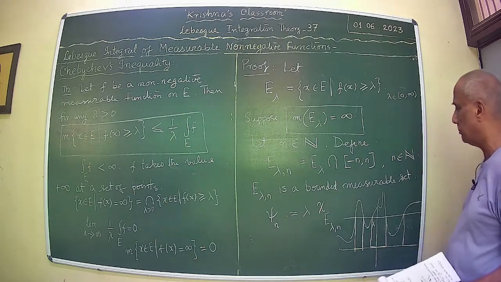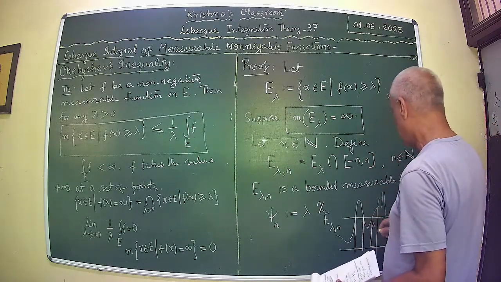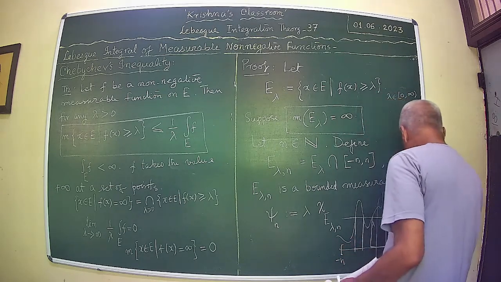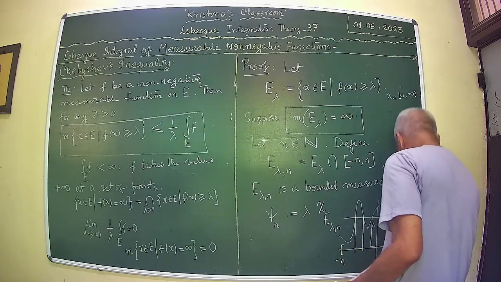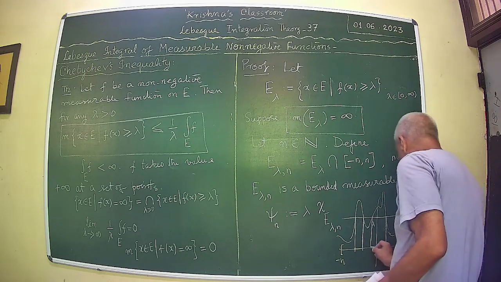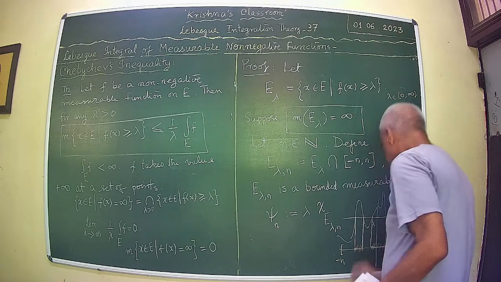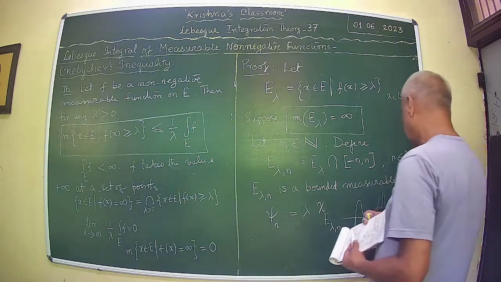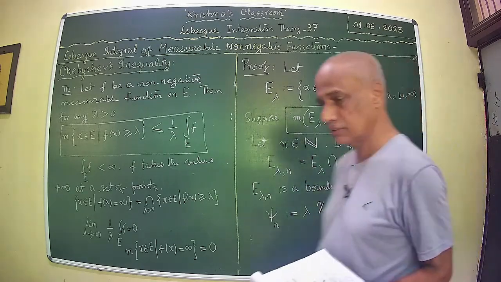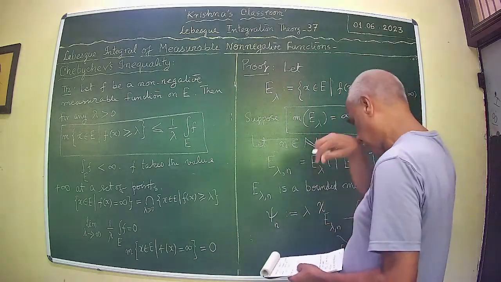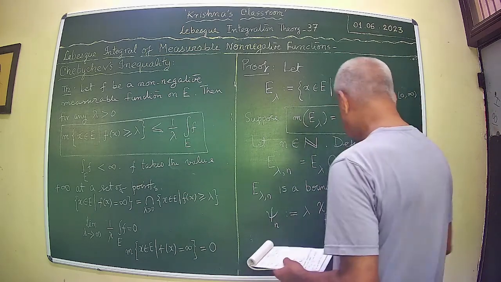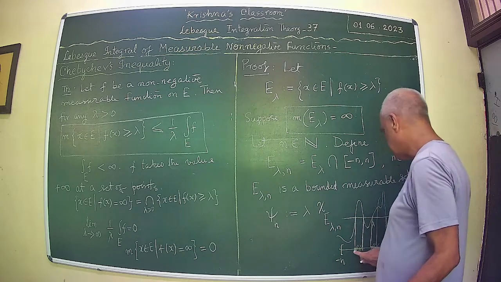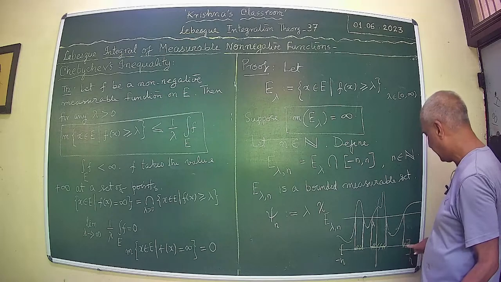Now E lambda intersection minus n to plus n: you are cutting it off with minus n and plus n, so you are considering only this much, which you know is a bounded measurable set. On that we define the function psi n to be lambda times chi of E lambda n. On E lambda n the characteristic function is equal to 1, and then you multiply by lambda.